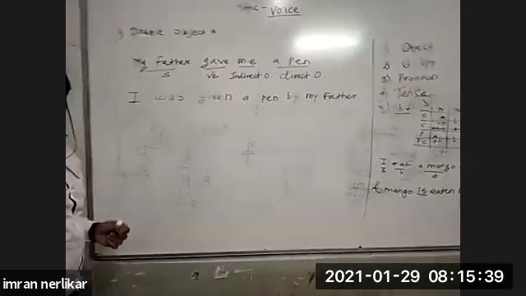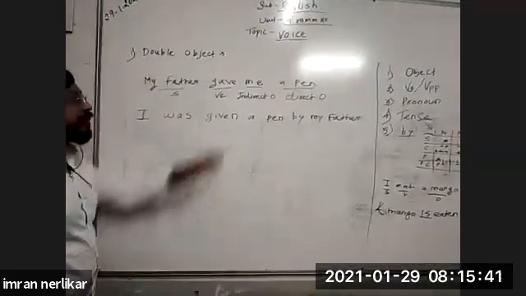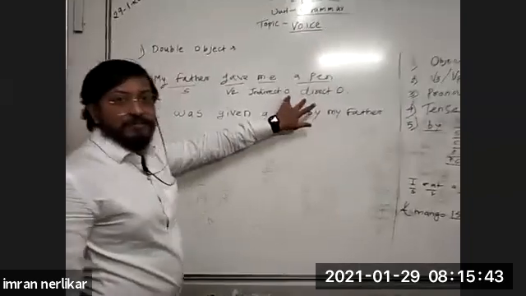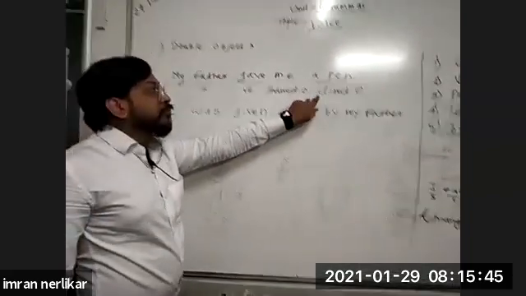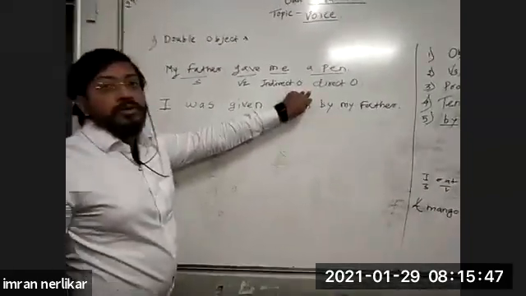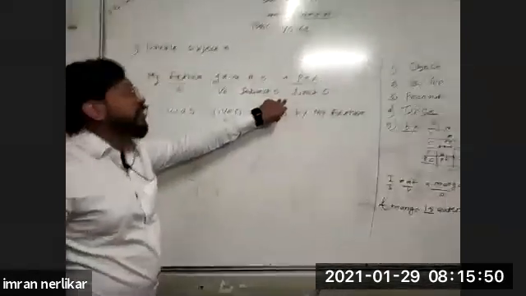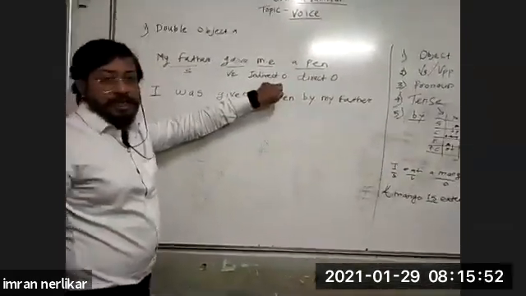direct and indirect object. So I repeat again, when there are two objects in the sentence, at that time you have to find out which is direct object and which is indirect object in the sentence.